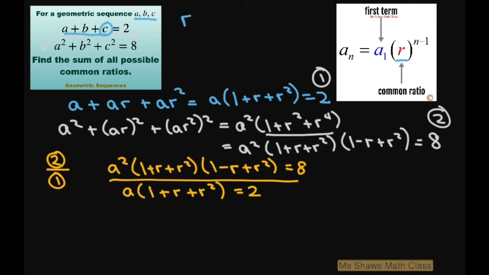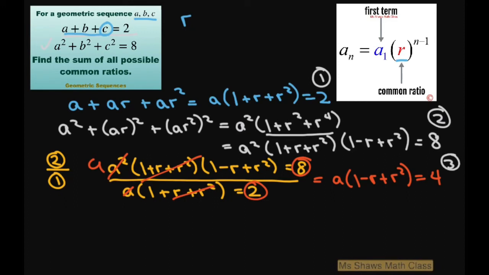When you divide these, you're going to get 4 here, and this is going to be a, and these two cancel. So you're going to get a times 1 minus r plus r squared equals 4. We're going to call this equation 3.